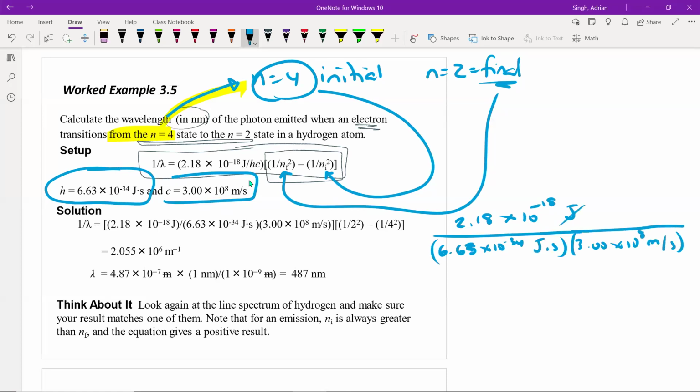The joules cancel, seconds cancel down here, so you have 1 over meters as your unit. And that makes sense because it's 1 over lambda that we're solving for.